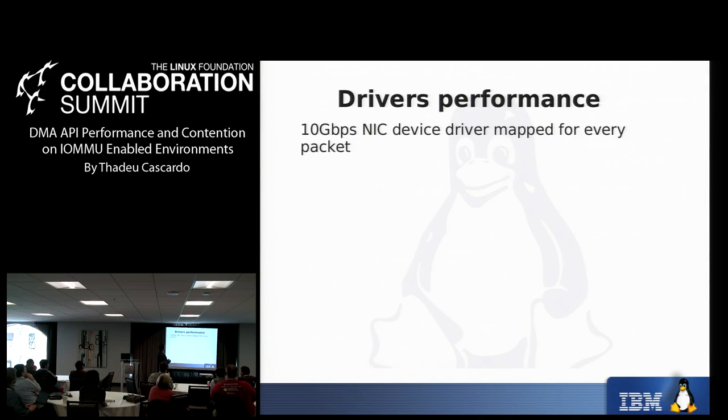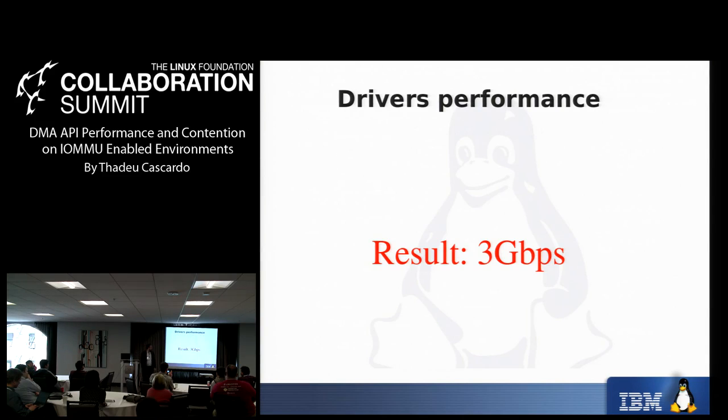We had a 10 gigabit NIC driver which called DMA map for every packet it received, and it fragmented the packet in different rings. So for every packet, we could potentially call DMA map 3 or 4 times. The performance of that was about 3 gigabits per second on a 10 gigabit card, so it was pretty awful.